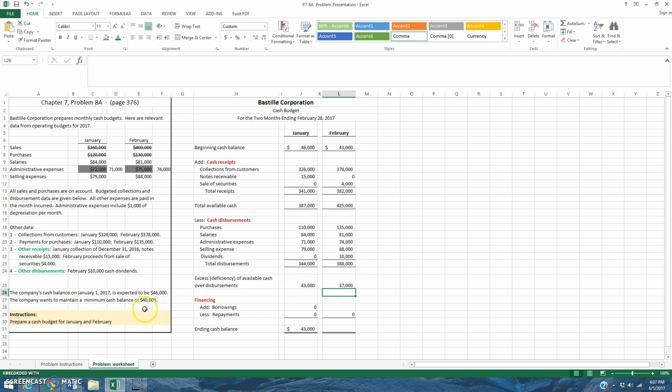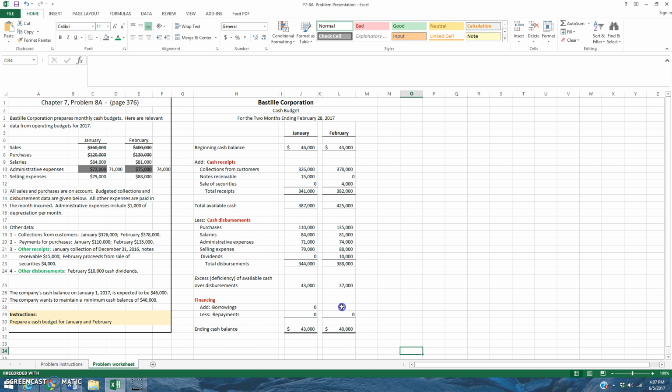$37,000 is under the $40,000, so we don't have enough money in excess to keep our minimum balance. Since we know that our minimum balance has to be $40,000, we will add $40,000 down here at the ending balance. Now we just have to figure out what our difference would be, or in other words, how much we have to borrow to get to $40,000.